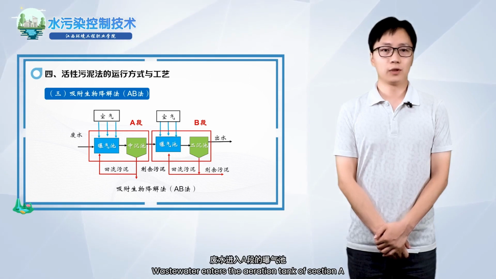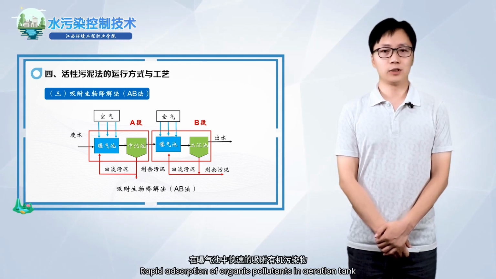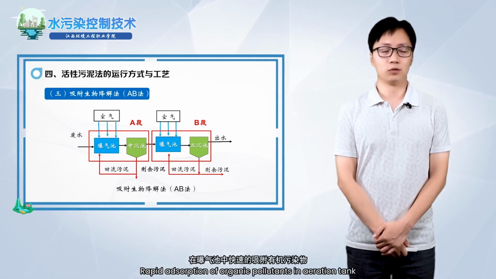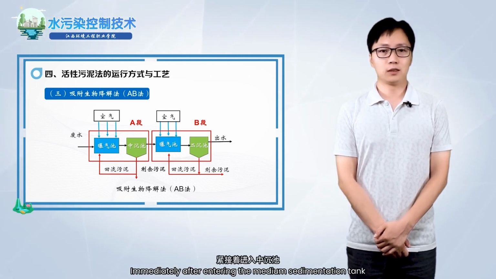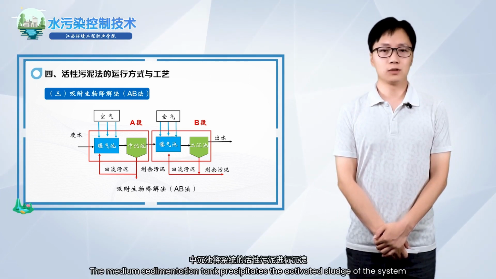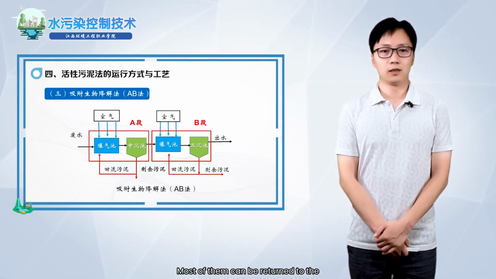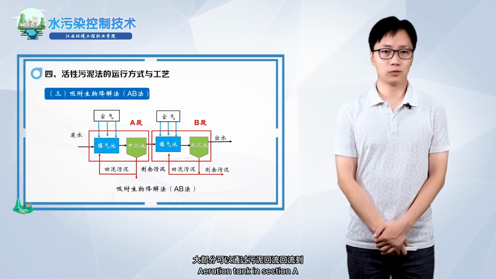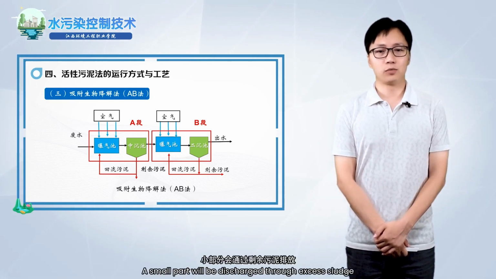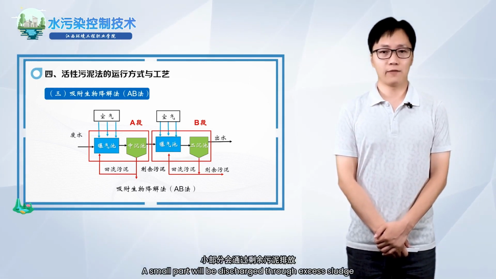Wastewater enters the aeration tank of section A, where organic pollutants are rapidly adsorbed. Immediately after, it enters the intermediate sedimentation tank, which precipitates the activated sludge of the system. Most of it is returned to the aeration tank of section A, and a small part is discharged as excess sludge.